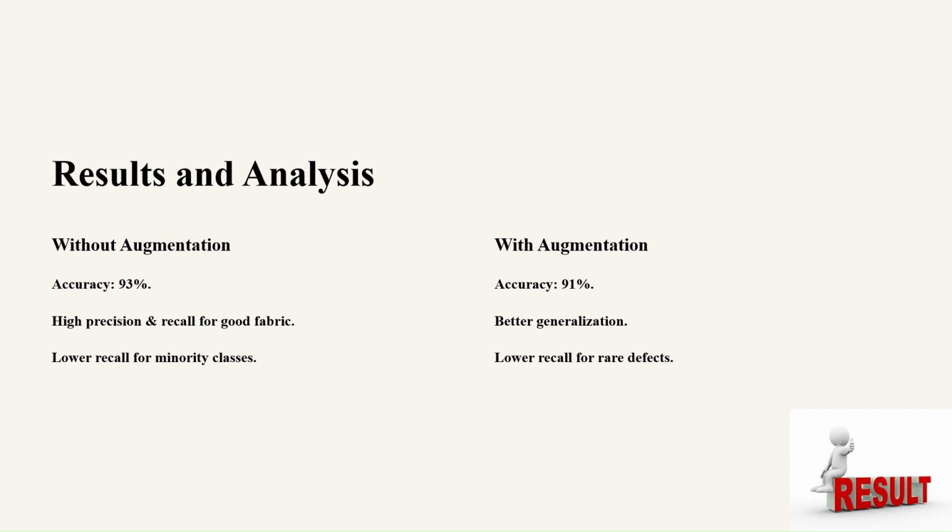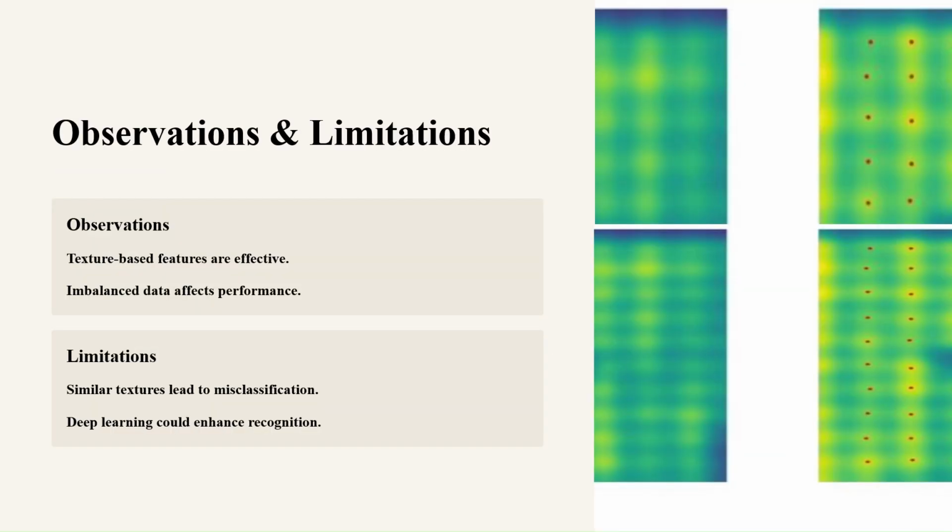Good images were still classified, though accuracy reduced to 91%. Without augmentation, the precision was very high, recall for good fabric was at a higher level, and accuracy also increased a bit because it does not lose much of its contrast. So in this particular case, without augmentation was helpful rather than with augmentation.